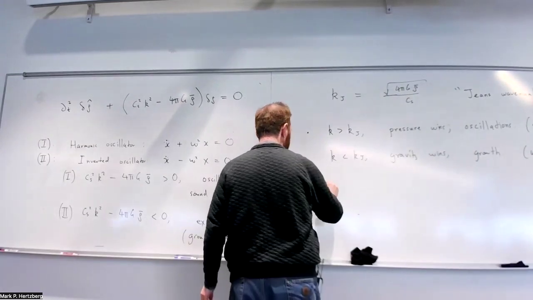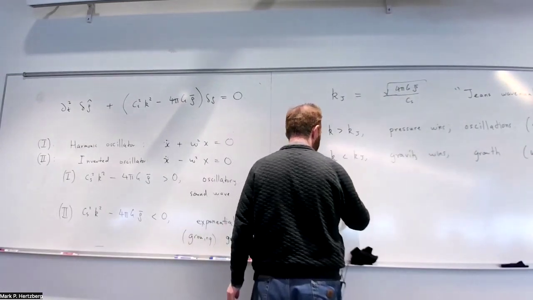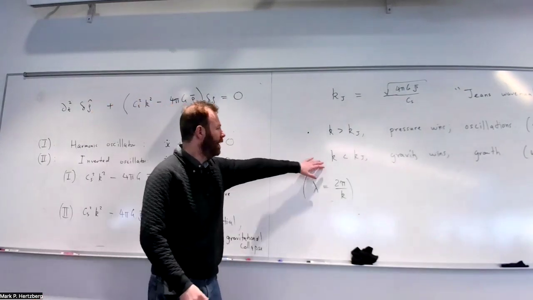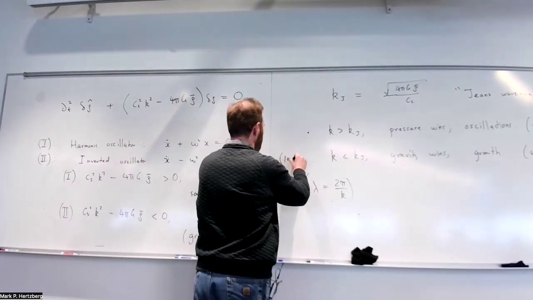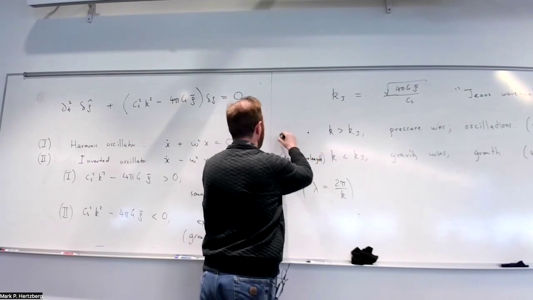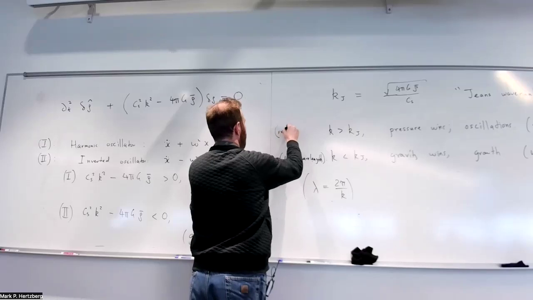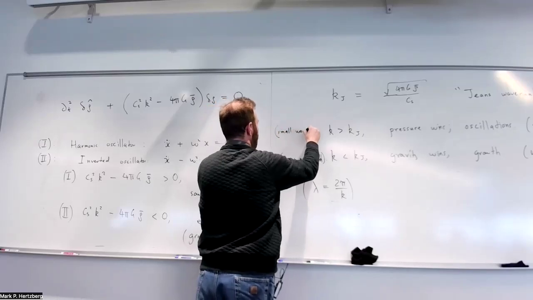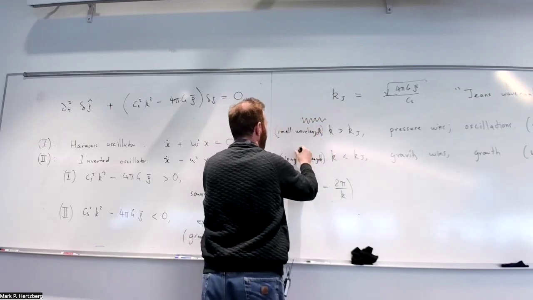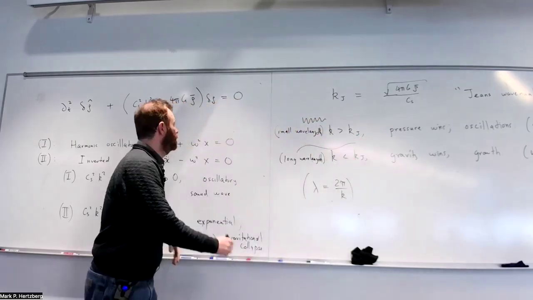Remember, wavelength is 2 pi over k. So this is the long wavelength case, this is the short wavelength case. Case one versus case two.